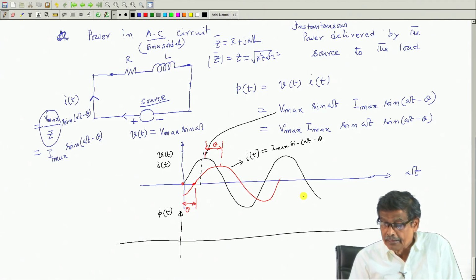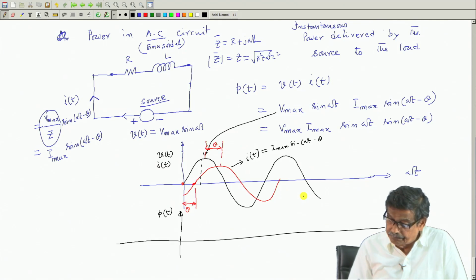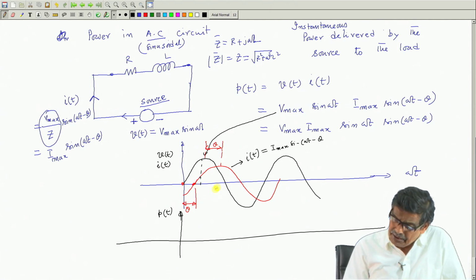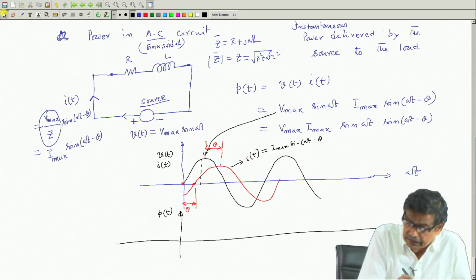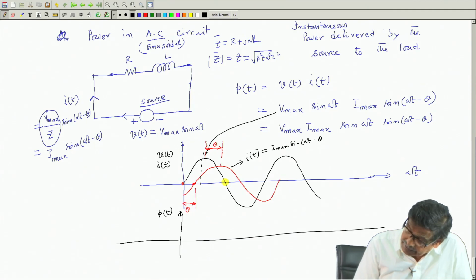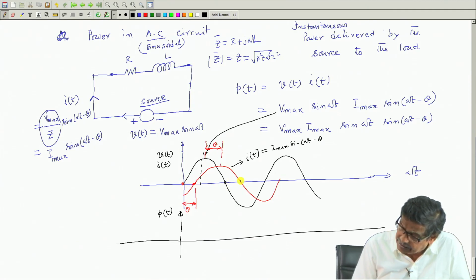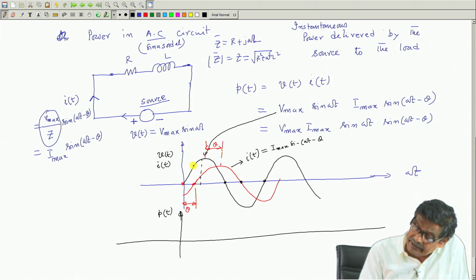Now, you first break up this thing wherever voltage has a zero crossing and current has a zero crossing, changing from plus to minus, and let us divide this interval.